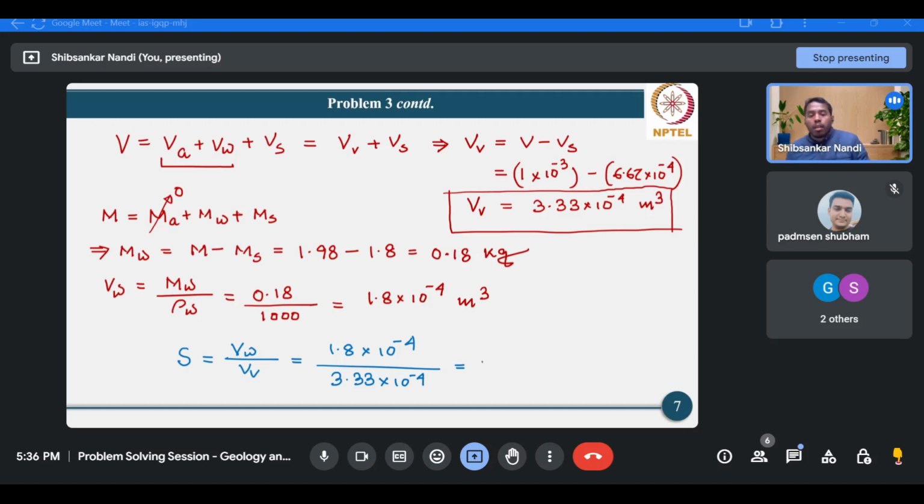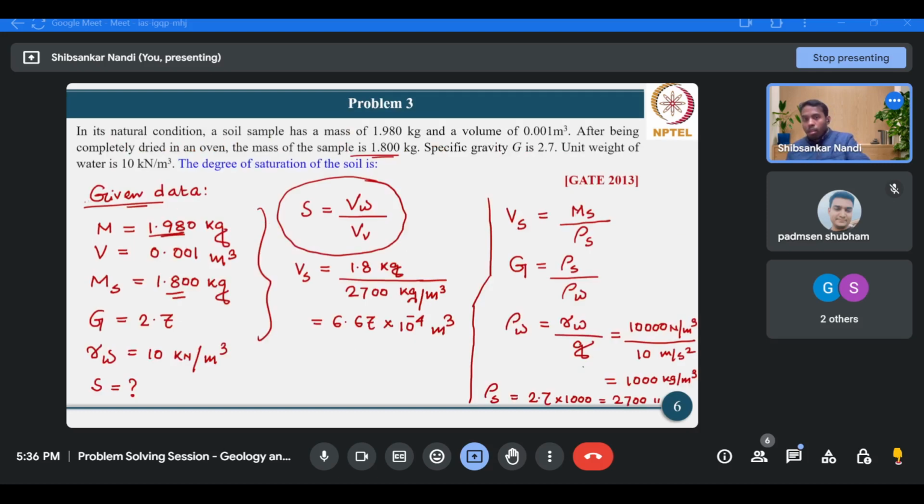So approximately 0.54, that means 54%. This is the answer. So in this way, we can calculate the degree of saturation of a given soil sample.